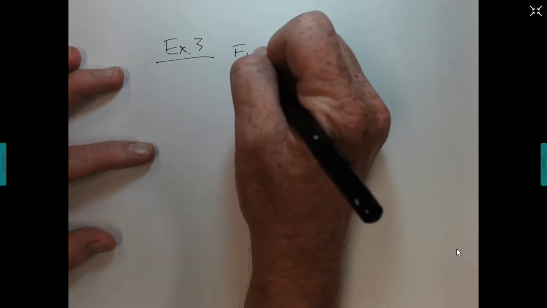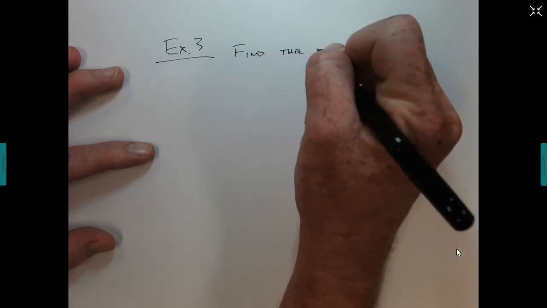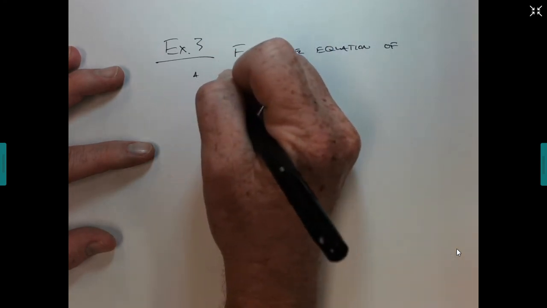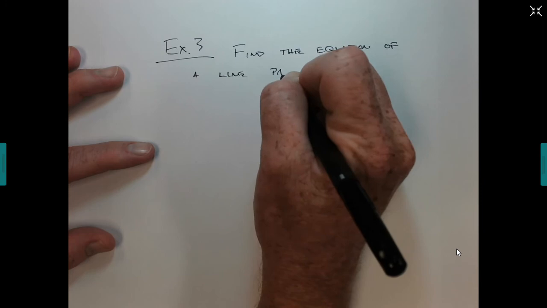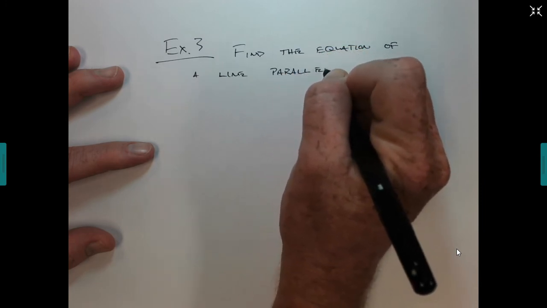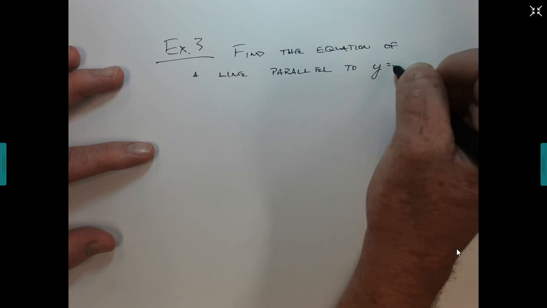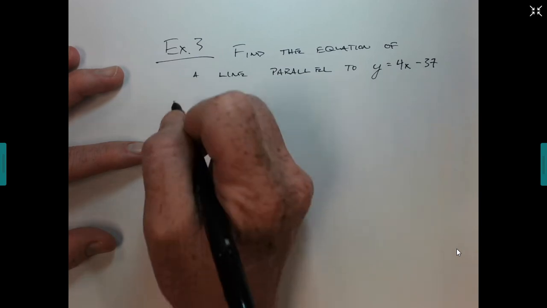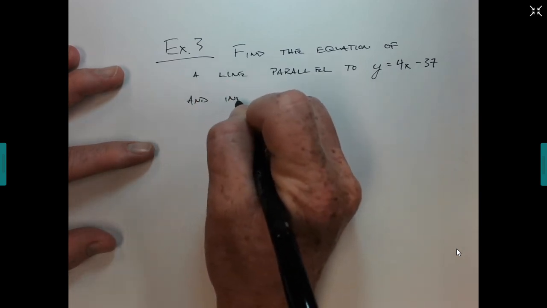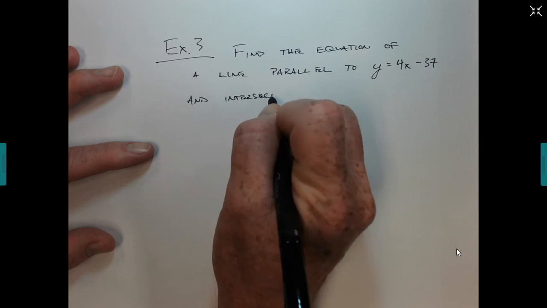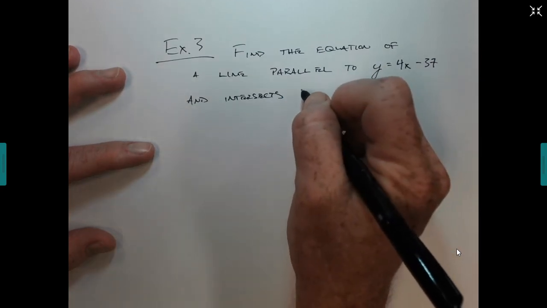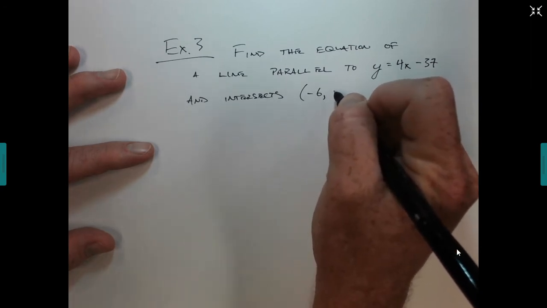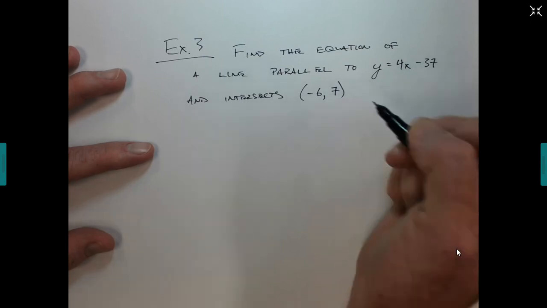Let's find the equation of a line parallel to this line and intersects this point at -6 and let's say 7.